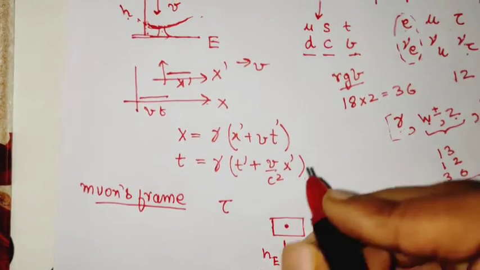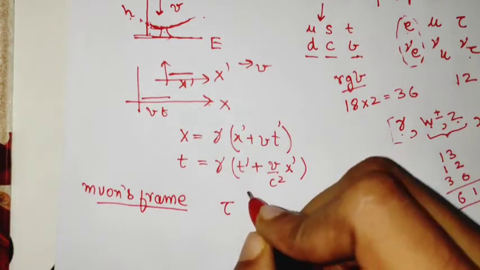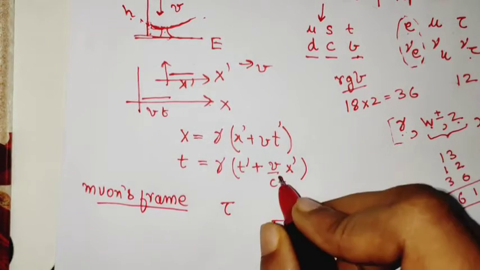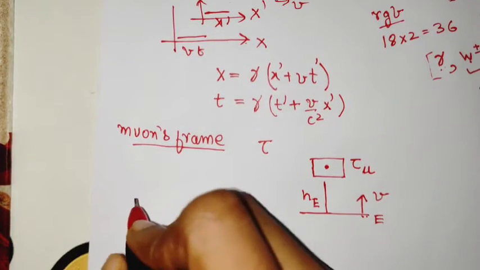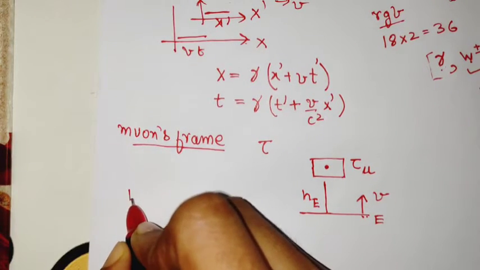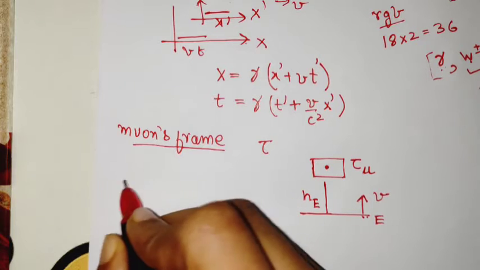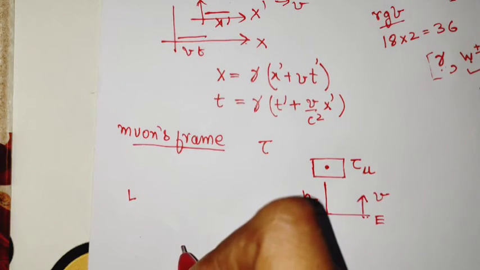We can get it from the Lorentz transformation formula here. In length contraction, I take a rod of length L and I sit in a train, and that train is traveling with a velocity of v.